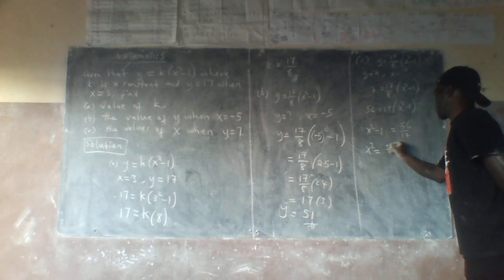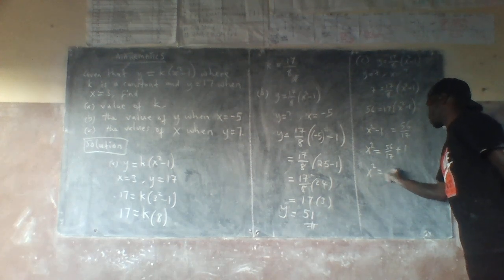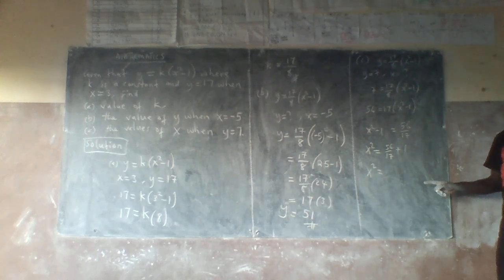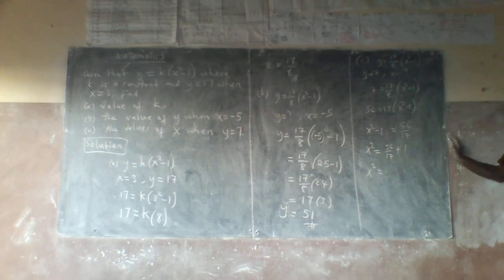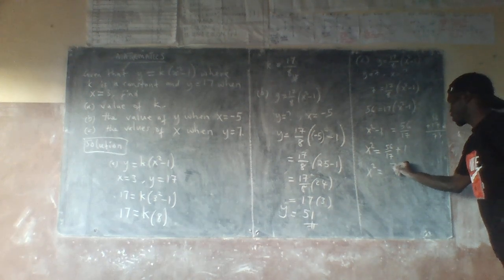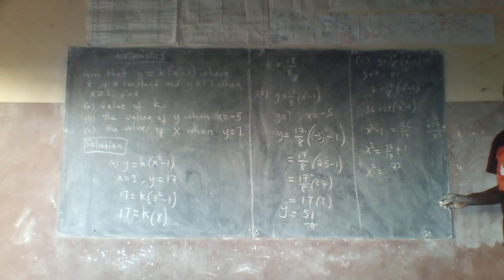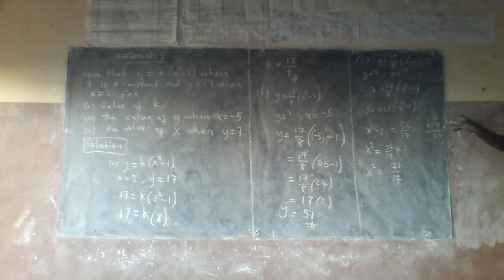So we're going to have 56 over 17 plus 1. Yes, faster way of doing it, we've said 17 times 1, then plus what? 56. So it's as good as saying 56 plus what? 17. So 56 plus 17. This is 13 carry 1. This is 6 plus 1. So 73 over 17. From there, we put the square root.